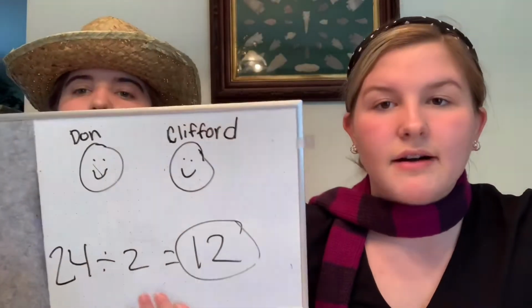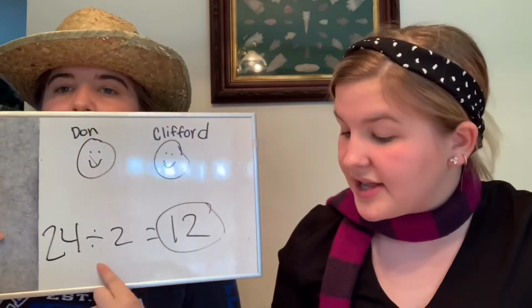Use division. 24 divided by 2 is 12. $24 divided by 2, Dontrell and Clifford. In our division model, we are showing 24 divided by 2 is 12.